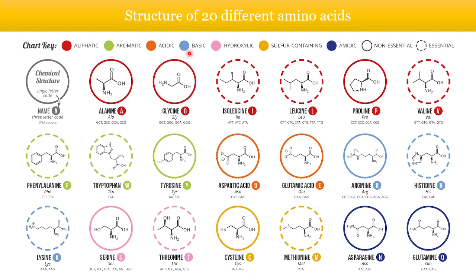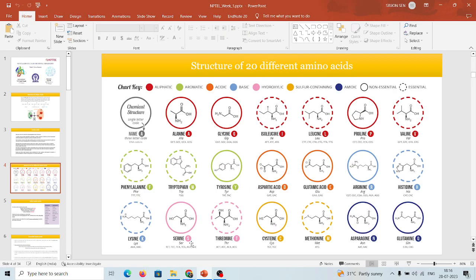So this is the entire chart which we have to keep in mind, and probably we have to practice these structures from time to time so that we can keep in mind which structure is for which amino acid. So this is an important slide.